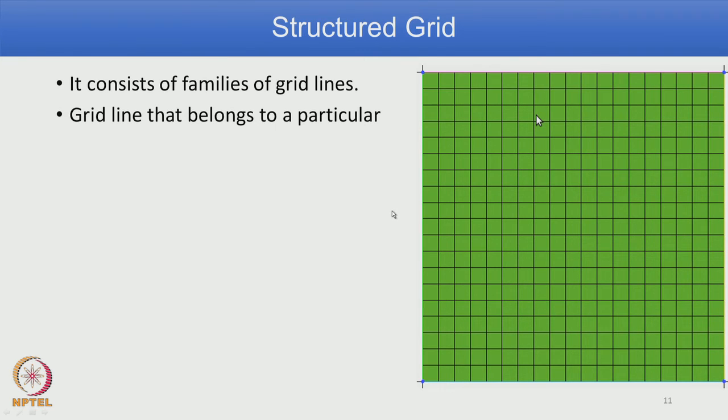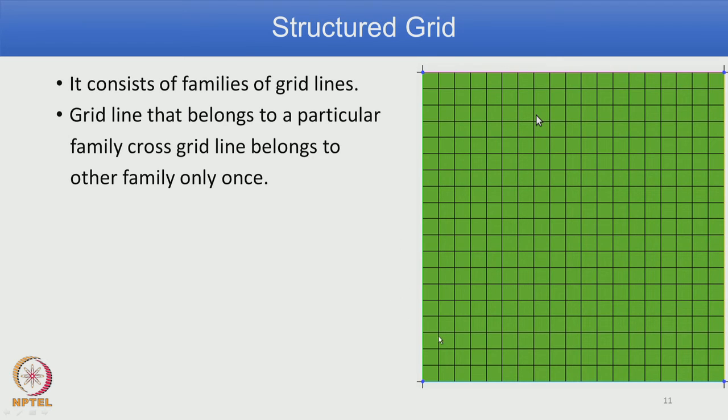So, in a structured grid, a grid line that belongs to one particular family crosses a grid line that belongs to the other family only once. If you look at this figure, a horizontal line belonging to one particular family crosses a vertical line that belongs to the other family at only one location.